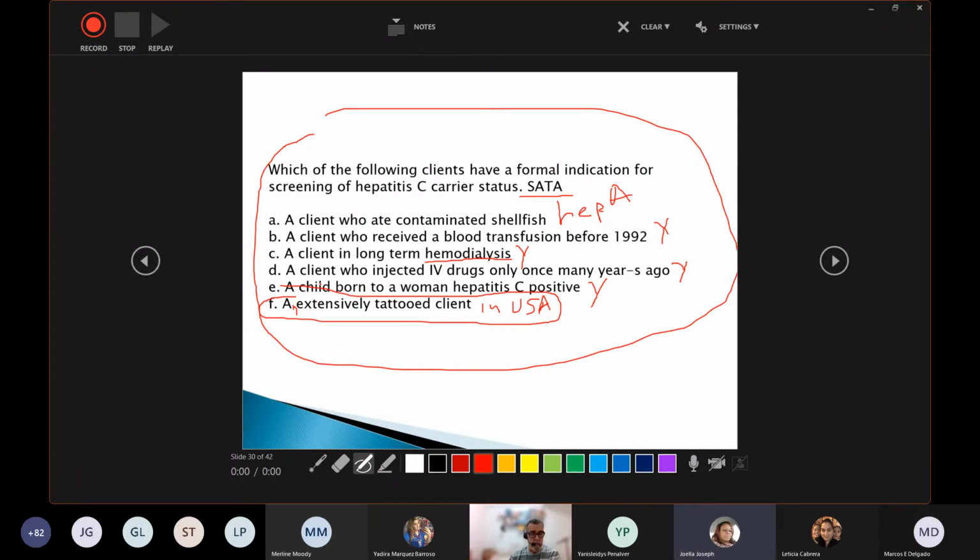In America, the tattoo parlors are controlled by the health departments.